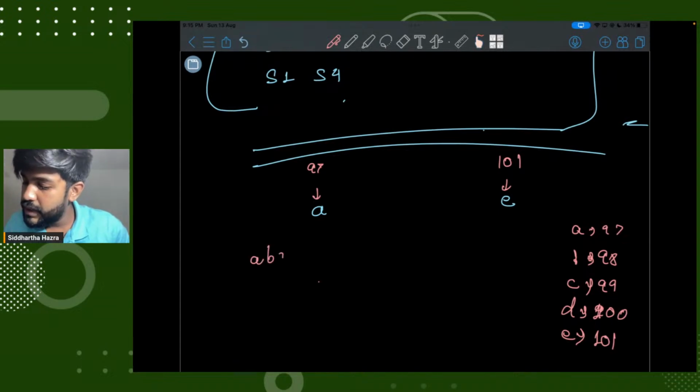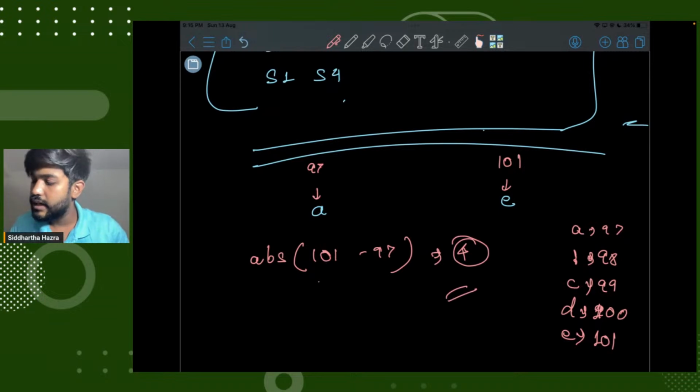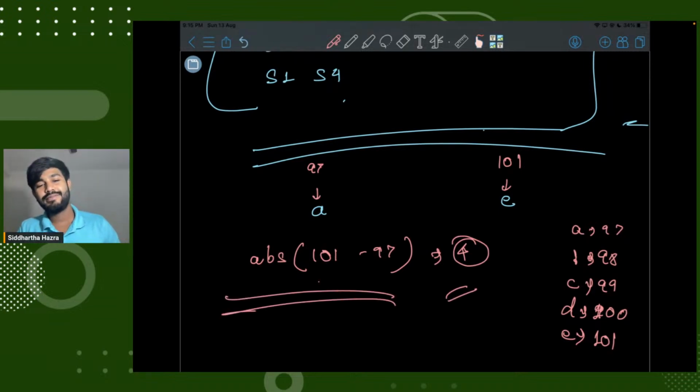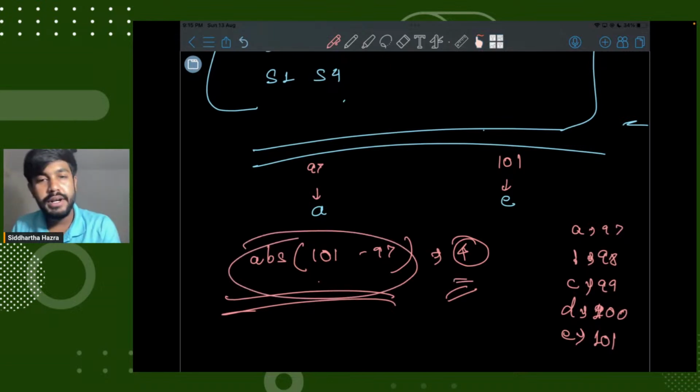If I take the ABS of the ASCII difference, that is 101 minus 97, I would always get the correct one. Either I need to go from this side to that side or that side to this side. If I do an ABS of that, it can be done.